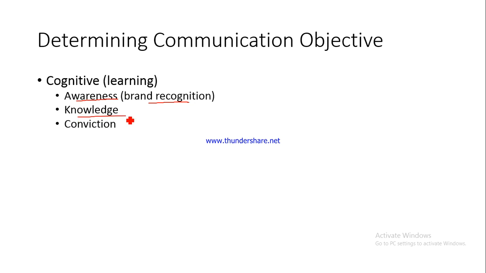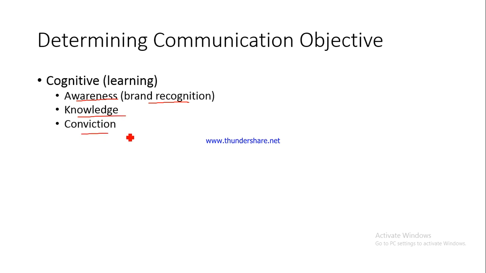You may then want them to know in depth about what kind of product Dhwaj candles are, who is the manufacturer, where is it being manufactured, what all attributes does it have. So that knowledge aspect can also be another objective of yours. And then conviction.